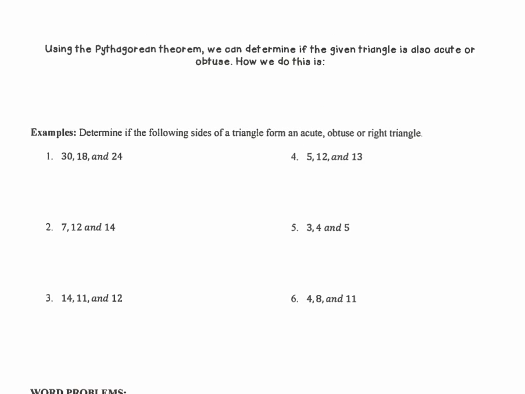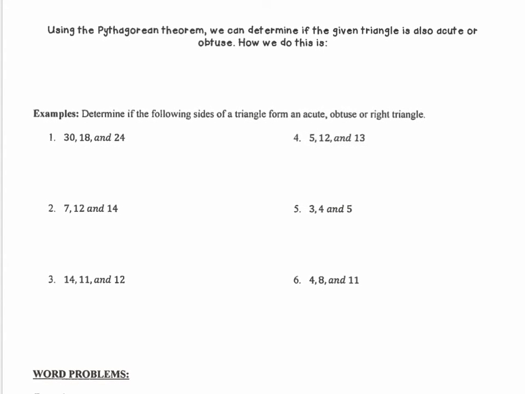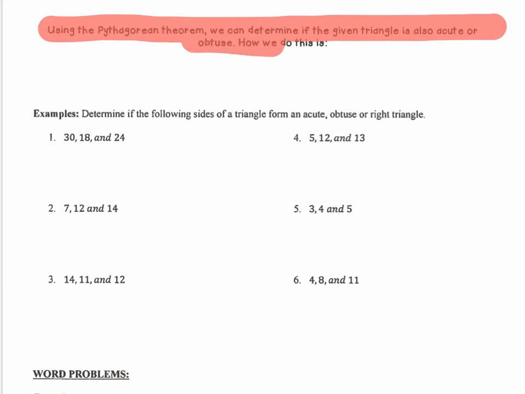We're going to keep going here. So it says here, using the Pythagorean theorem, we can determine whether a triangle is acute or a triangle is obtuse. How do we do this? So if C squared equals A squared plus B squared, then it's a right triangle.